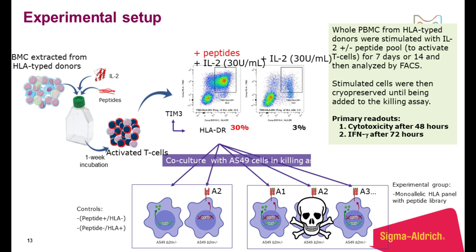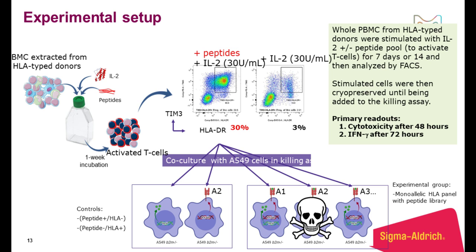And so to test the killing efficiency of T cells, first PBMCs are extracted from HLA typed donors. That sample is stimulated with the antigenic peptide library that I mentioned before. Activated T cells are generated that should recognize the HLA presented antigens in a cell-based assay.